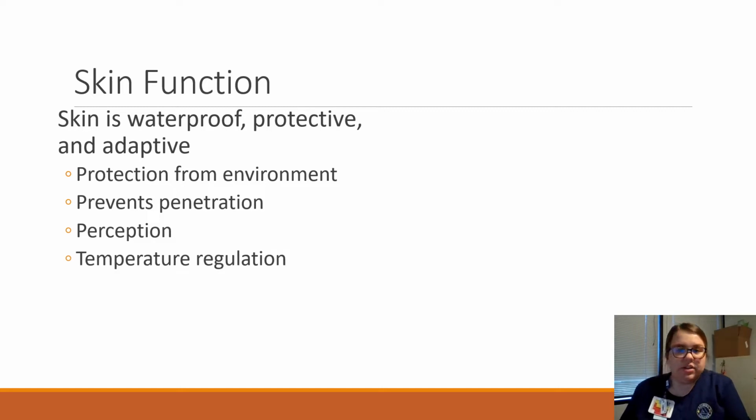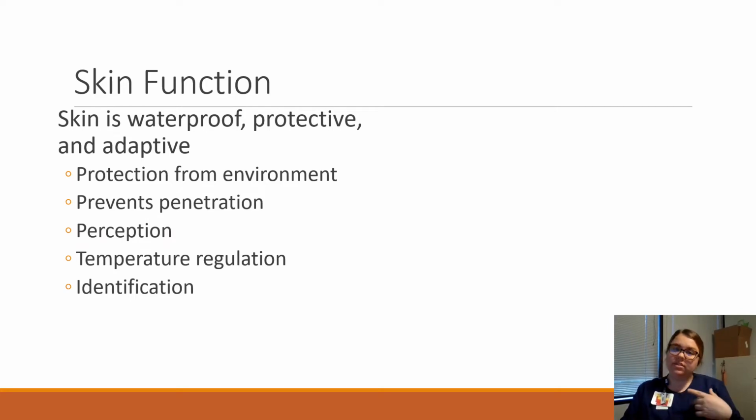Also temperature regulation. So sweat and adipose tissue help with the temperature regulation. Along with identification. Identification is a huge skin function because it helps identify emotions. It helps also with communication.